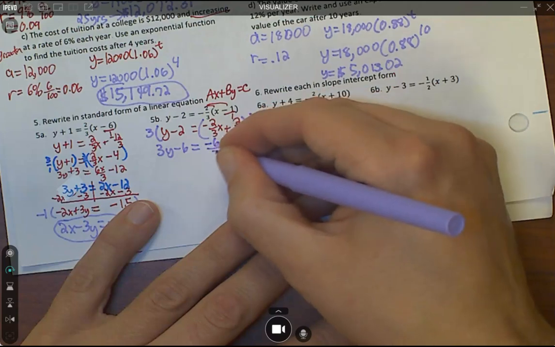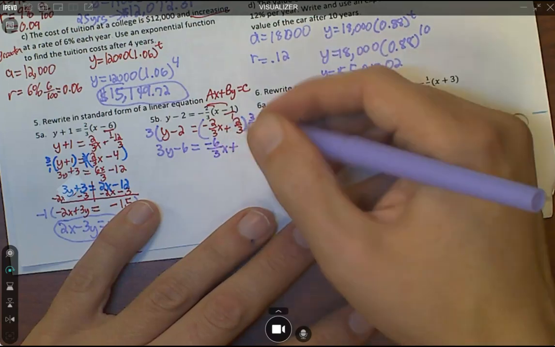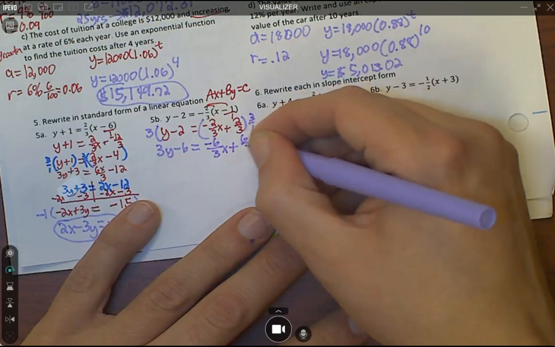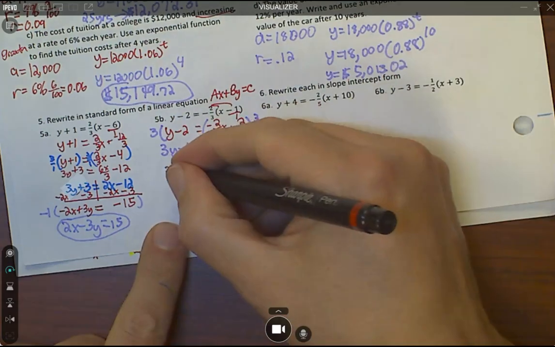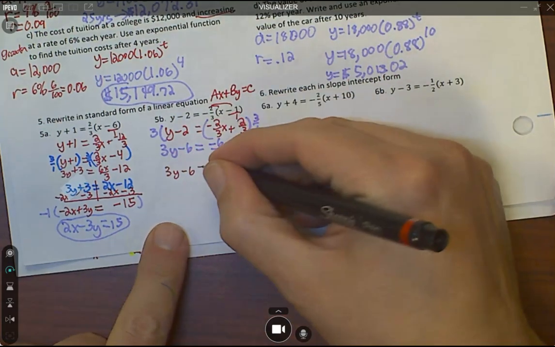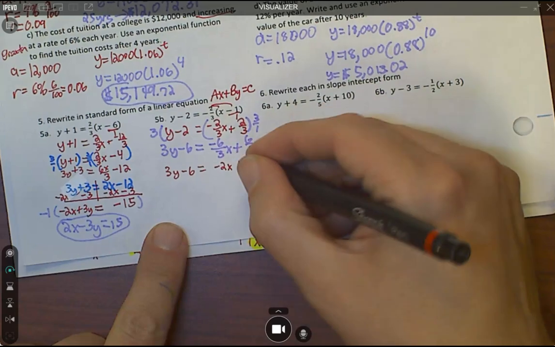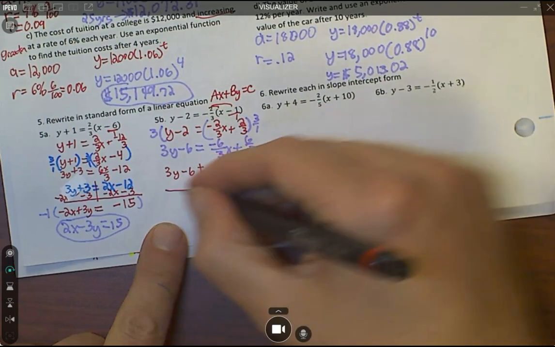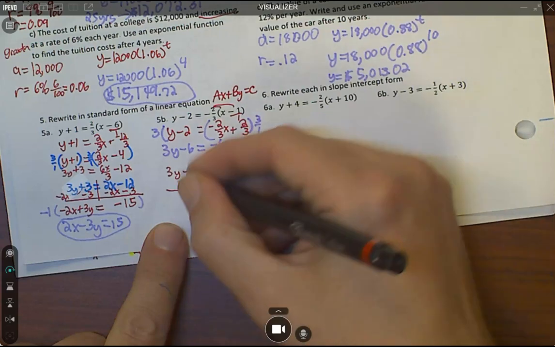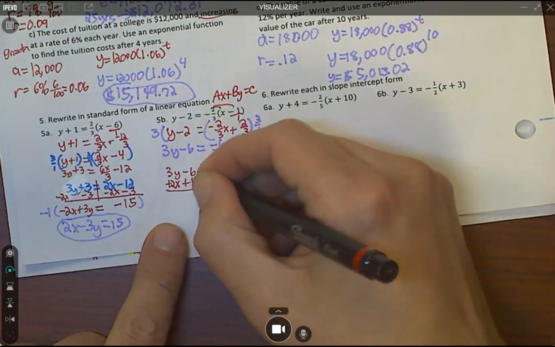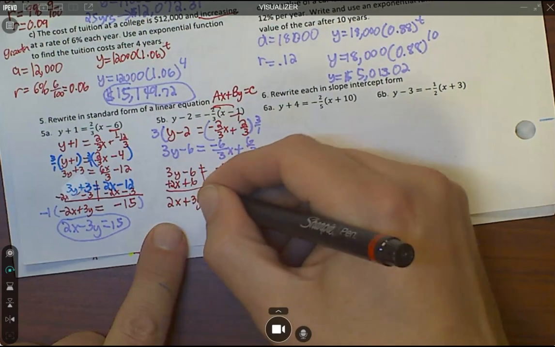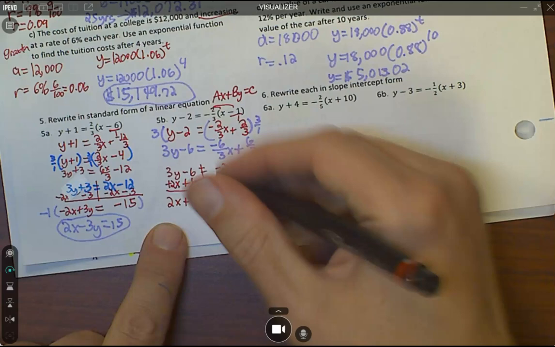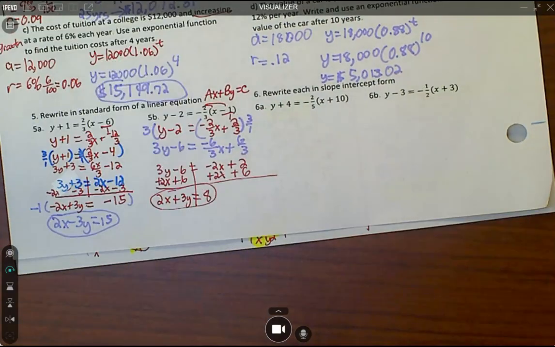Negative 6 over 3x plus 6 over 3. I'm going to switch back to red. Okay, now add 2x, add 6. 2x plus 3y equals 8. Final answer. Okay, rewrite each in slope intercept.